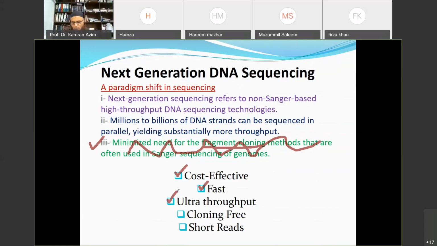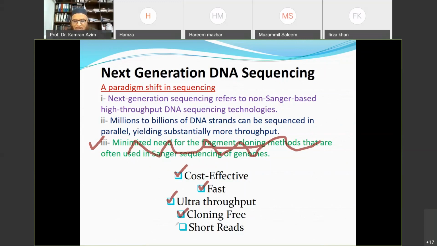Ultra throughput means that in less time, using fewer resources, we can get a huge amount of sequencing data. It is cloning free. The cloning step is not required in NGS, which was mostly required in Sanger sequencing of genomes.